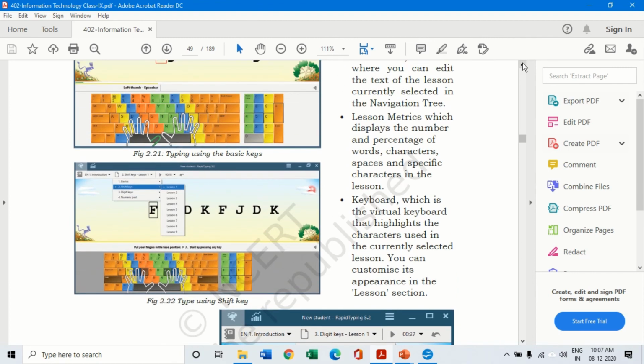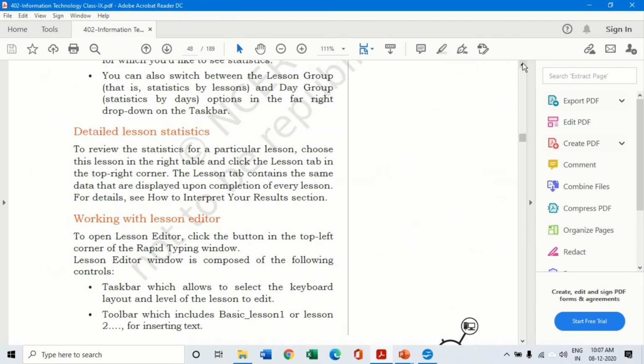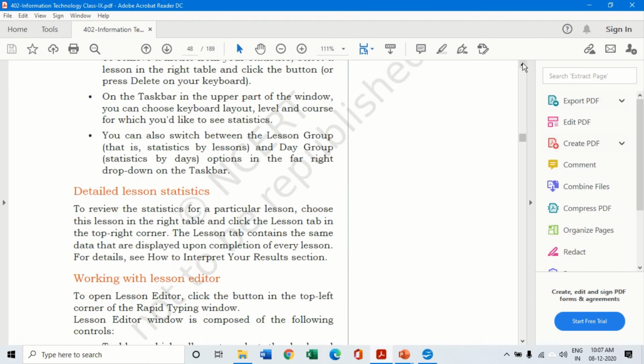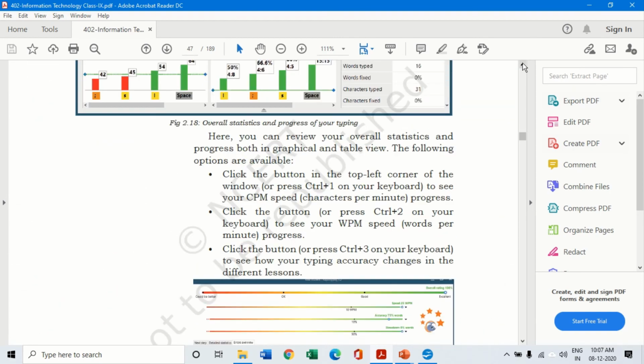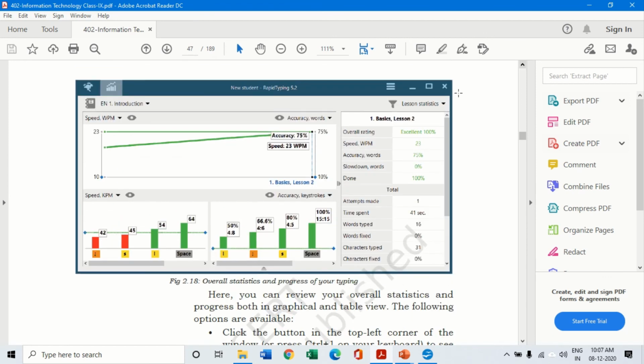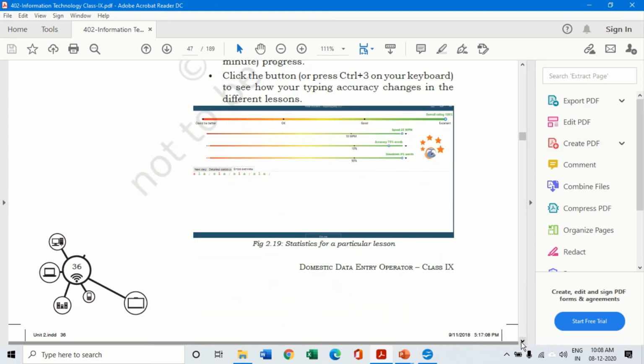Different lessons are there, and you can simply download this typing tutor and practice, and your accuracy and speed would be automatically calculated and shown on the screen, using the formulas I already showed you, so that you know exactly how accurate you are and how much your speed is.